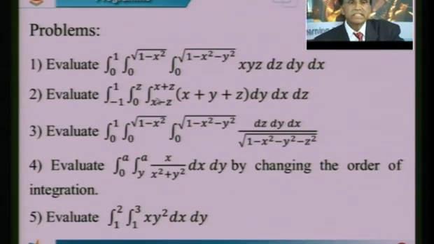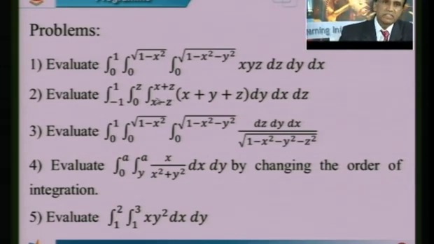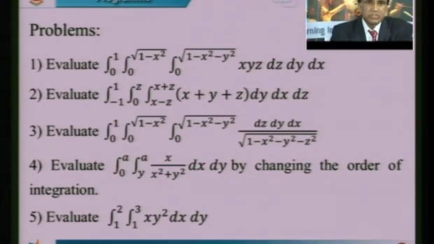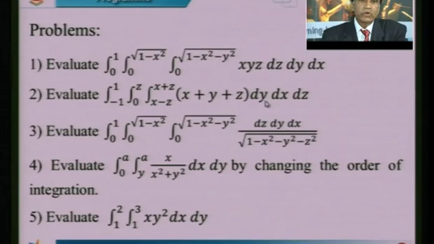Then you cannot integrate with respect to x or z for the innermost integration. You have to integrate first with respect to y, then with respect to x, and afterwards with respect to z. This is the order you have to choose, and this is the procedure to follow.